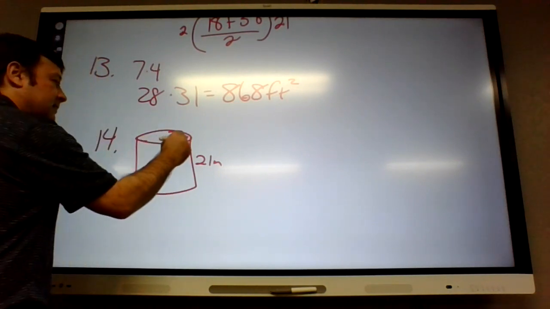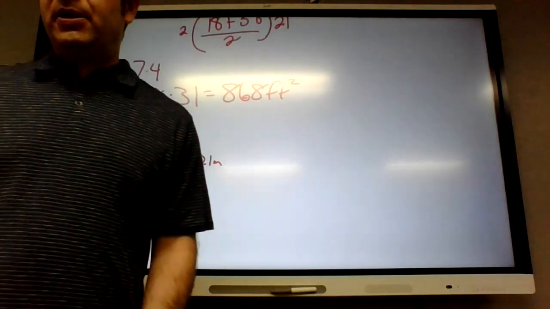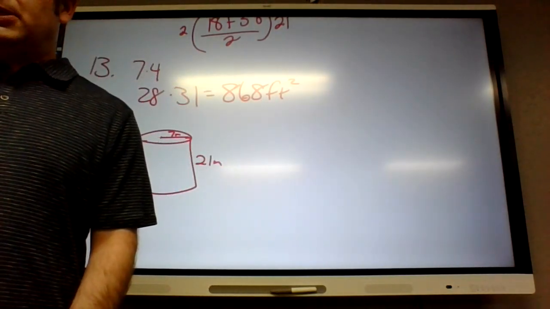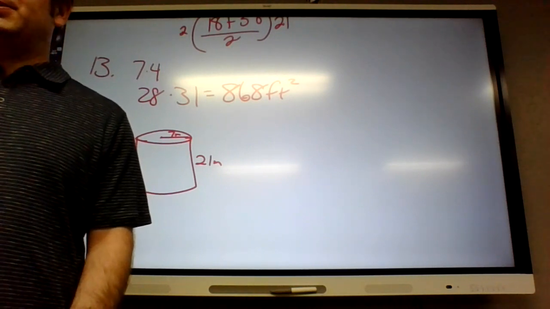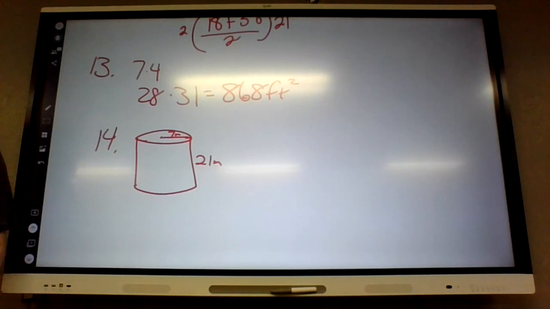Okay, the question, hold on, let's read the question. Determine the area to the nearest square meter that needs to be covered if its exterior is painted. So if we want to paint the exterior, what are we looking for?